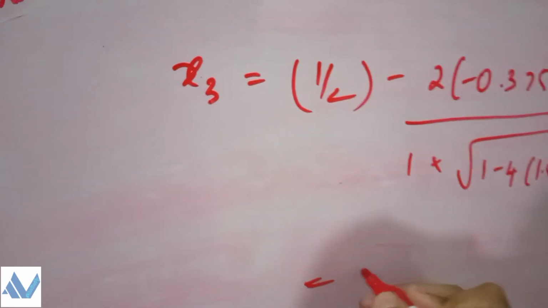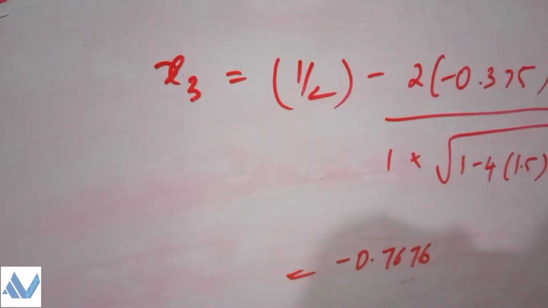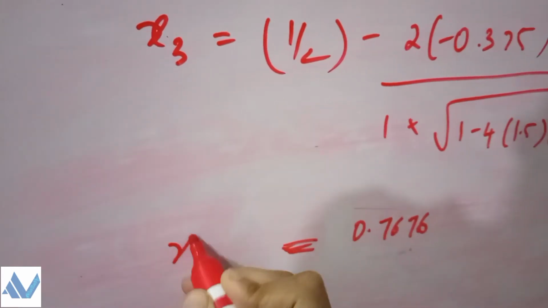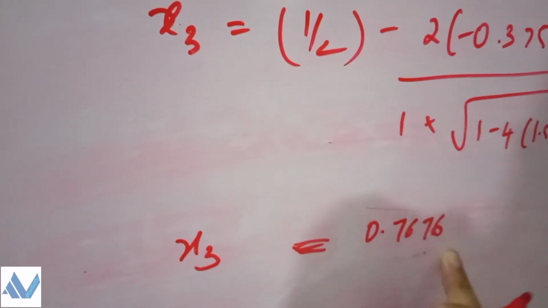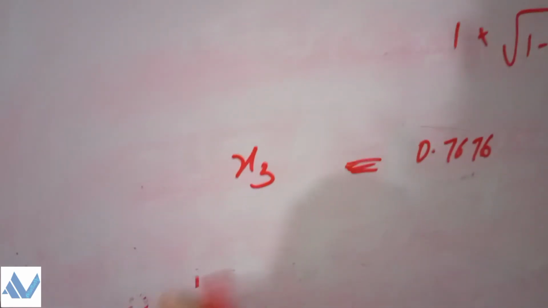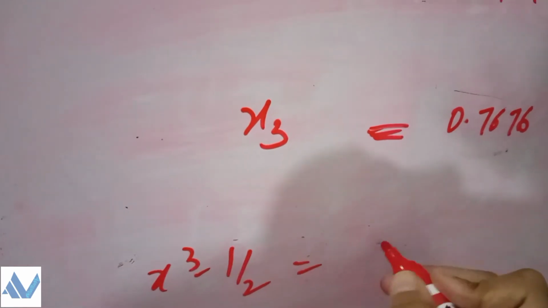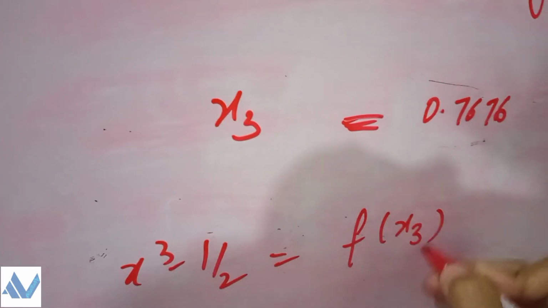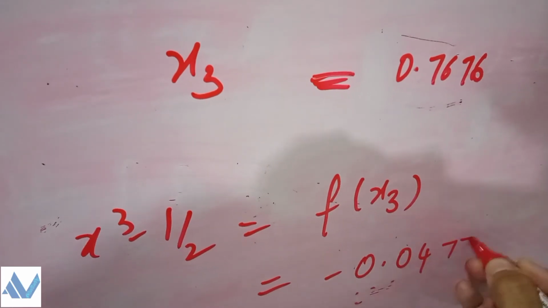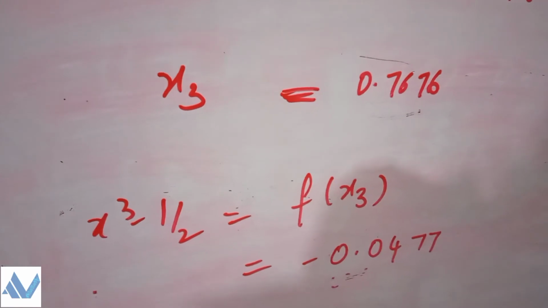Now we get the value 0.7676, which is the x3 value. Now this 0.7676 we substitute in the equation x cubed minus half, and we get f of x3, that is minus 0.0477. So this is the first iteration.